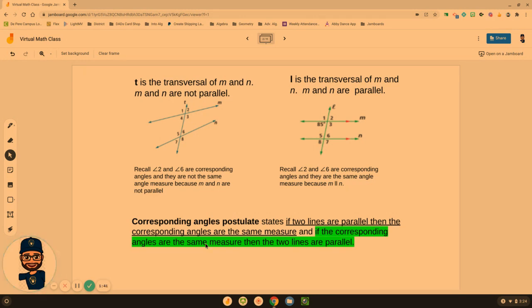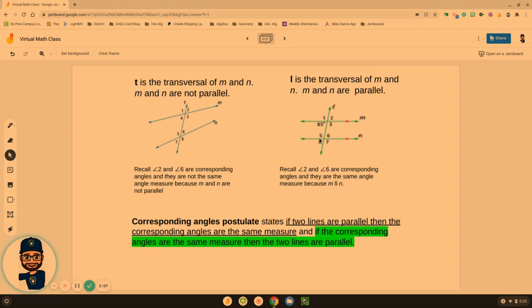If 2 lines are parallel, then the corresponding angles are the same measure. Or if the corresponding angles are the same measure, then the 2 lines are parallel. So that's one way we can tell 2 lines are parallel. If those corresponding angles 2 and 6 have the exact same measure, or if they tell us the lines are parallel, I know that 2 and 6 are exactly the same.